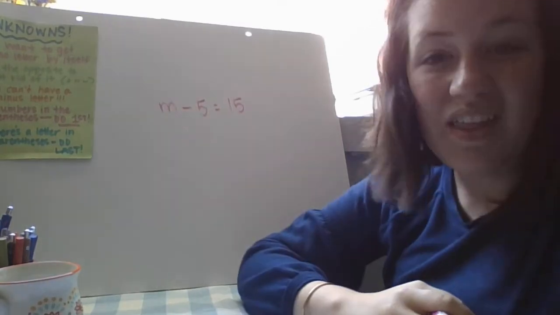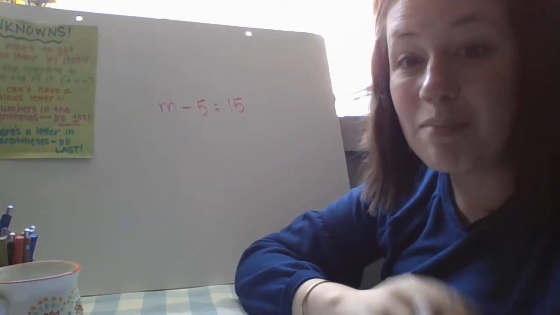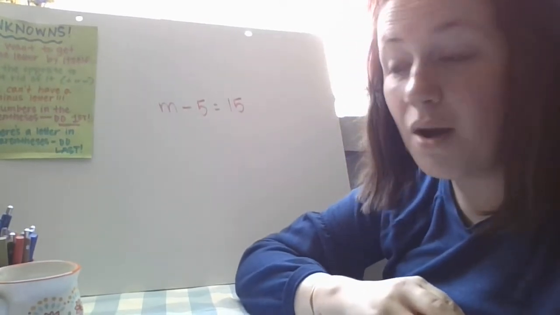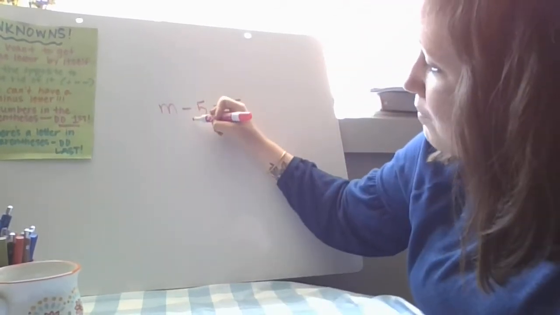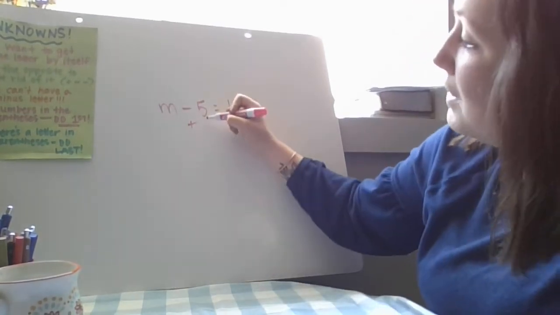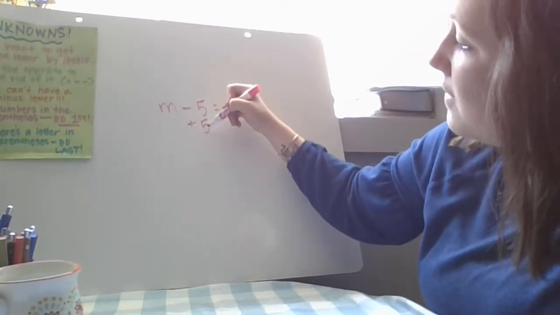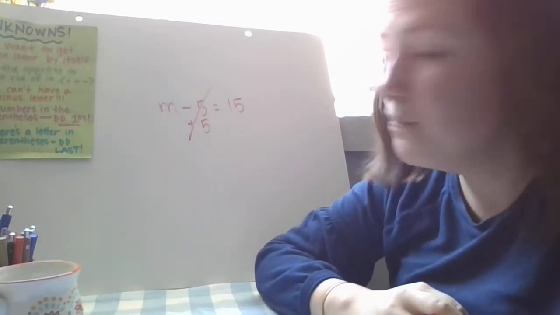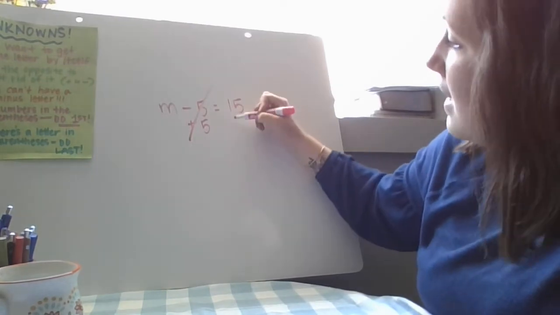That means we have to get rid of that minus 5. And if it's a minus, we have to do the opposite to it, right? The opposite of minus is plus. So plus 5, a minus 5 plus 5, we get rid of it. That goes to a 0. We have to do it to the other side too.